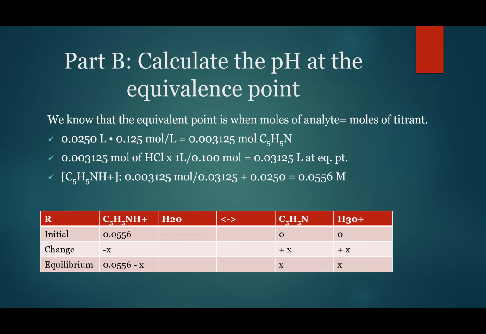In order for us to be at the equivalence point, we must also have 0.003125 moles of hydrochloric acid. I divide that by the molarity of the acid, and it tells me that at the equivalence point, we need 0.03125 liters of hydrochloric acid.